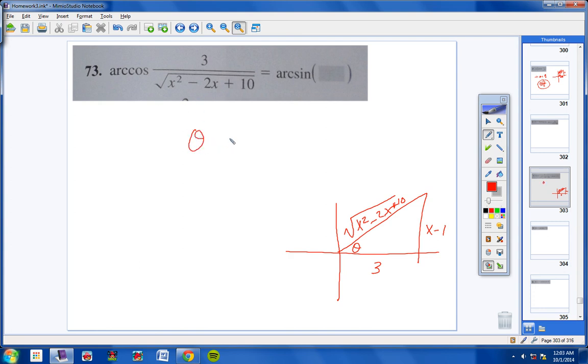And if I take the sine, opposite over hypotenuse, so x minus 1 over the square root of x squared minus 2x plus 10, then I also get the same theta. Because cosine of this theta gives me this, and sine of this theta gives me this. So this is what I have to fill in the blank with.